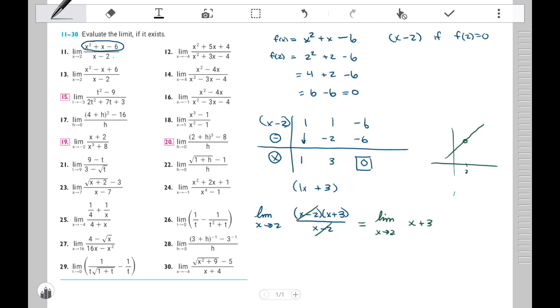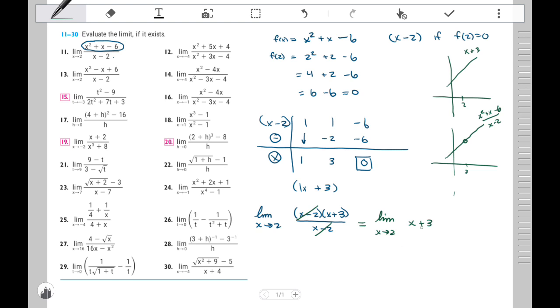So essentially what we're doing is instead of using that equation, we're using x plus 3, which is not undefined at that point. It behaves exactly the same way, with the only difference that it's not undefined at 2. This is x plus 3. This is x squared plus x minus 6 divided by x minus 2.